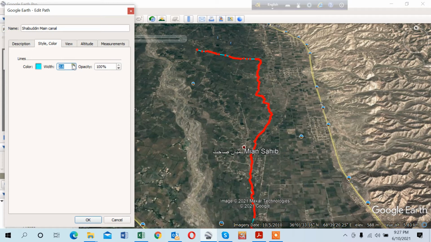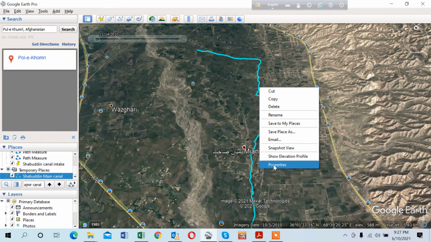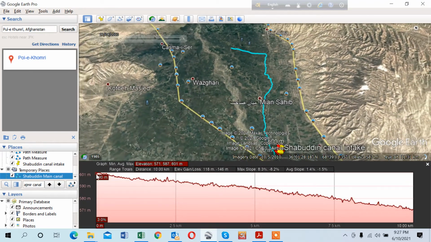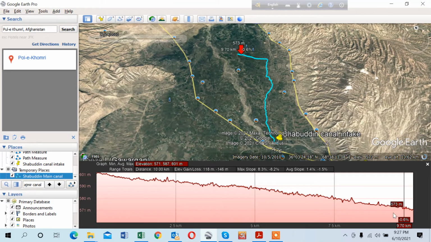I'll make the line a bit thicker to differentiate it from the other canal. This is the main irrigation canal. If you want to see the land slope, you can see here is 601 and here is 571. So there is a smooth gradient over here for the transfer of water.